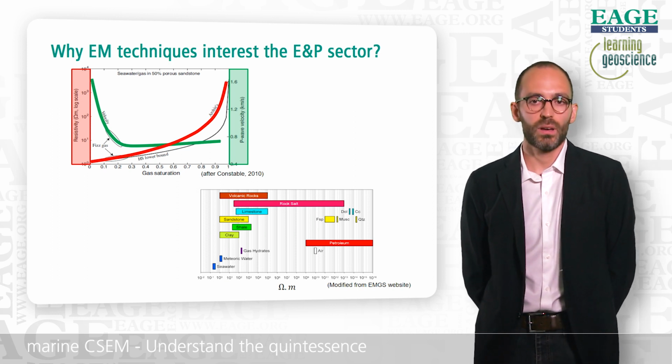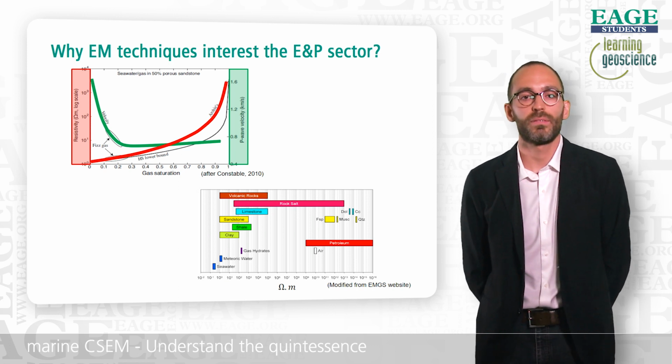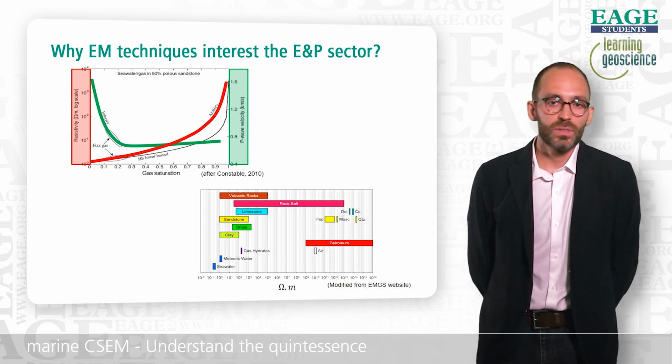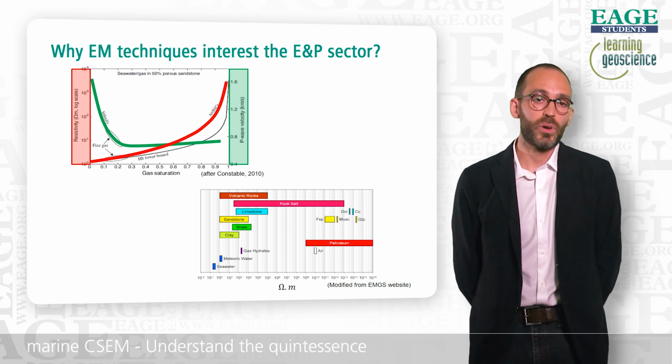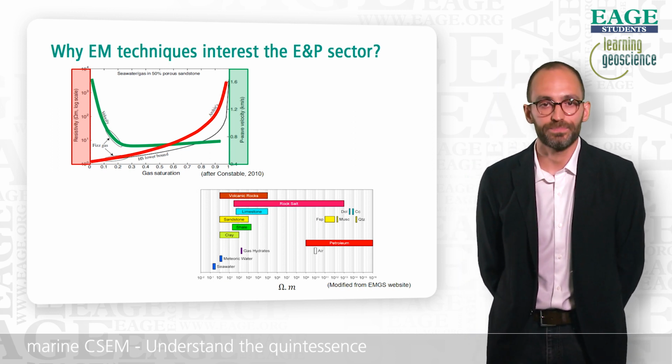The chart below shows materials which are part of E&P investigation and are distributed over a massive range of orders of magnitude for the resistivity. And electric resistivity variations in sediments are controlled by porosity, permeability, geometry, and of course, fluid.